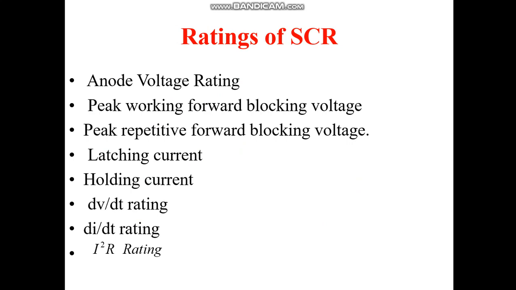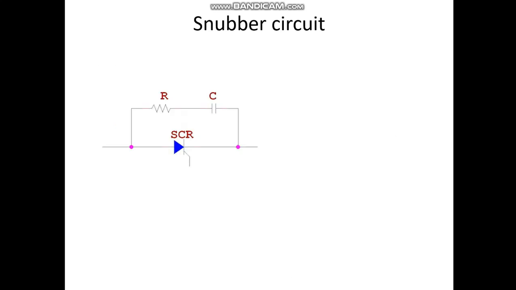So to protect the SCR from di by dt, or to minimize the rate of rise of anode current, an inductor is connected in series with the SCR, in this position. It will limit the change in anode current.